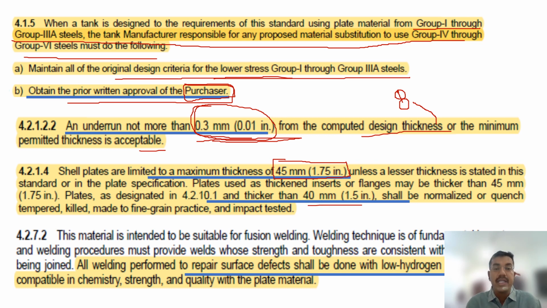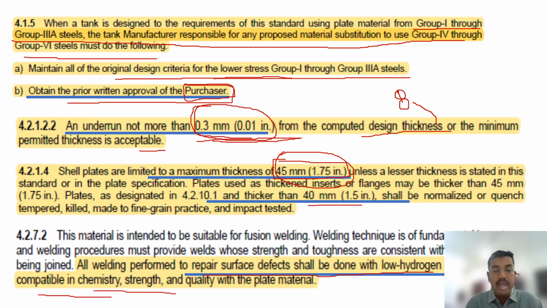So he is telling basically what the material requirement is. Material requirements one by one we are discussing, and here he is mentioning shell plate thickness, the max you can use is 45 mm.